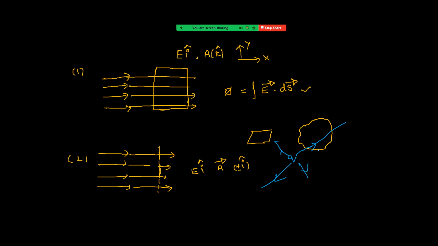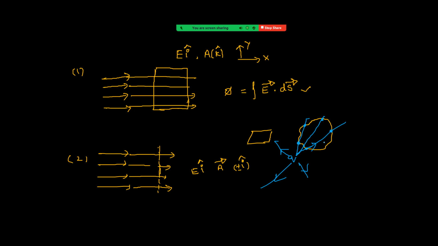If you observe carefully, any field line that passes into the surface, that is, enters the surface, also leaves the surface. If I take one more line like this, any field line that is entering is also leaving. Get the point. That means the flux through a closed surface because of outer charges is zero.